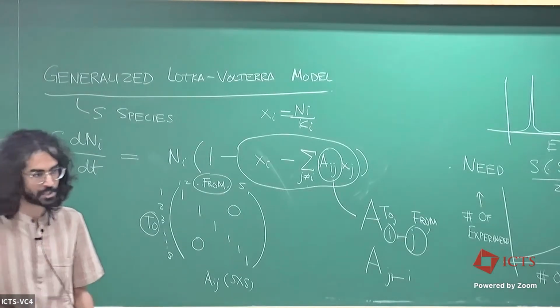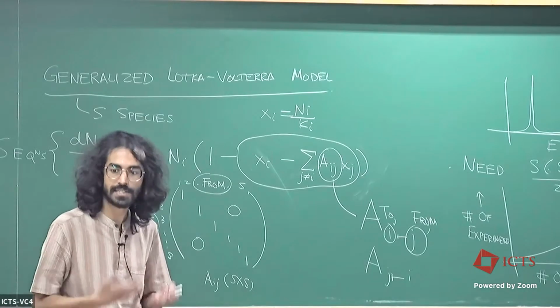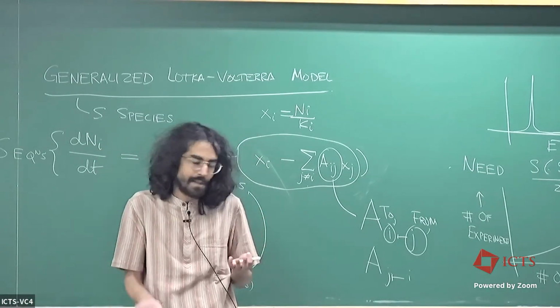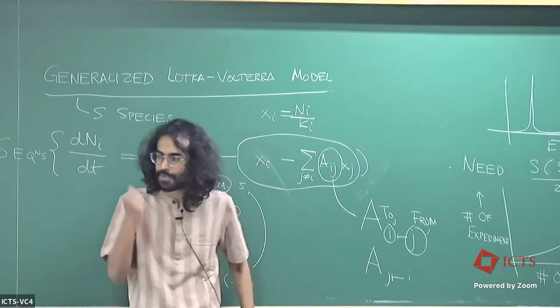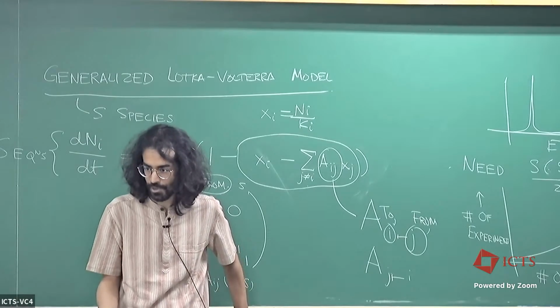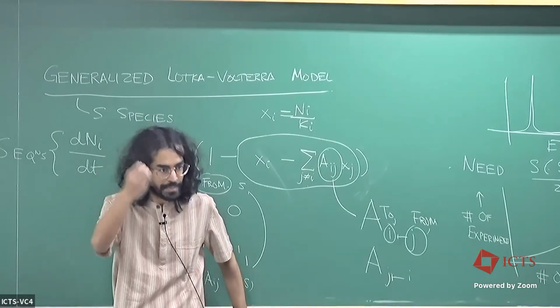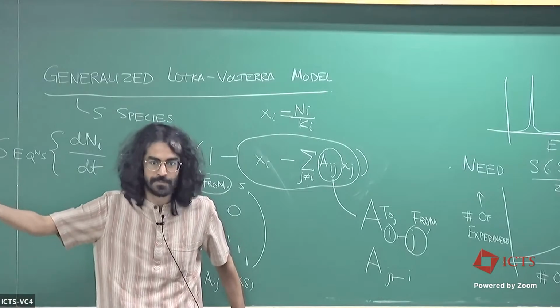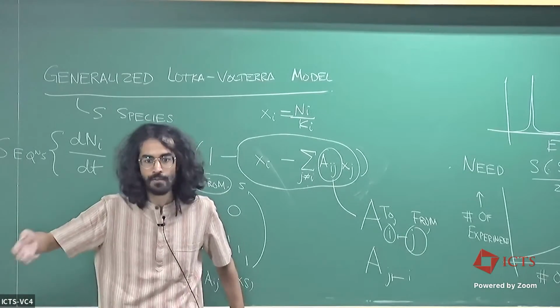So the price that you're paying when you take this random matrix approach is that you'll never be able to say something about any specific system completely. Of course, you can't have a free lunch. If you want to describe the system that you care about really well, you need to know the interactions in that specific system exactly, and then you have to worry about a lot more things.